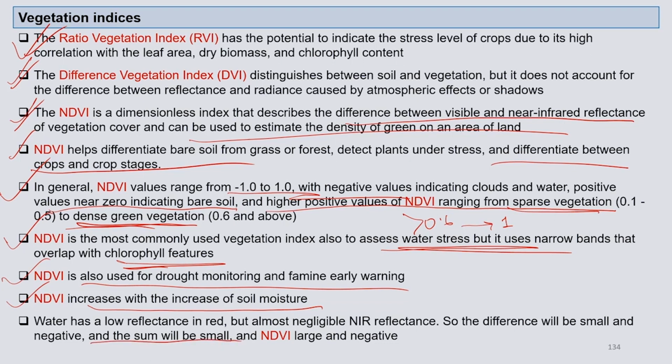The sum also will be small and NDVI large and negative. Okay? So, what happens is that if in the field you irrigate, or rainfall suddenly takes place in an area, automatically you will see that you are getting higher NDVI. So, that is an indication the moisture level has suddenly gone up in a particular area.